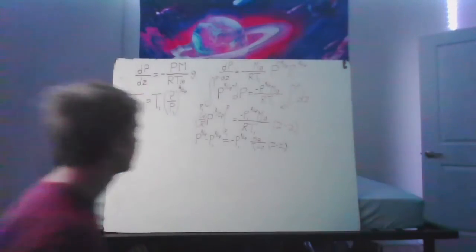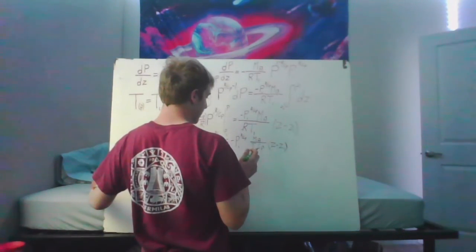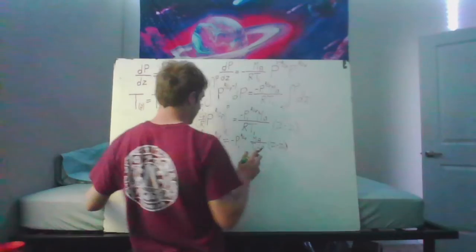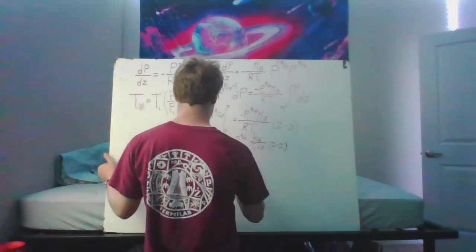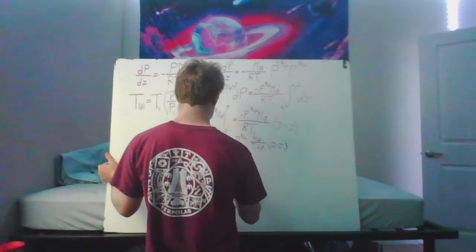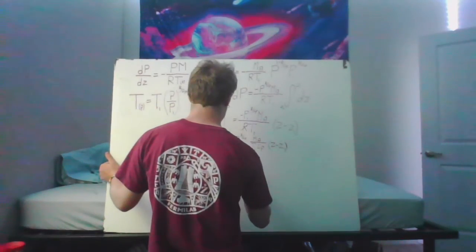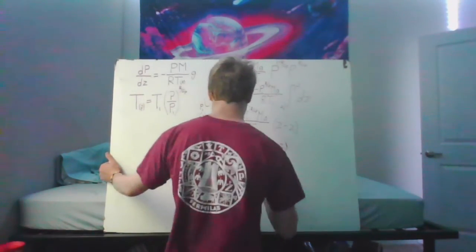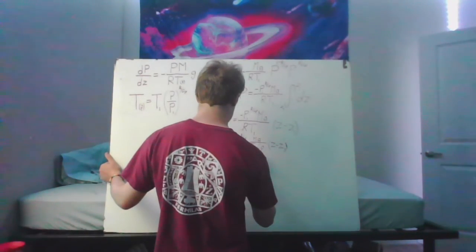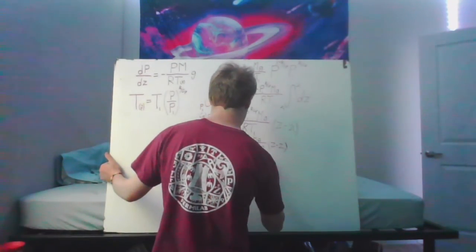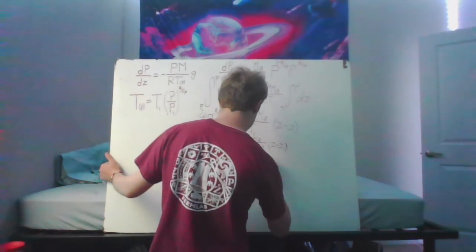So now what we can do is add this over to the other side and factor out our P1. So it'll end up being that P to the R over Cp is equal to P1 to the R over Cp times 1 minus this whole thing here.